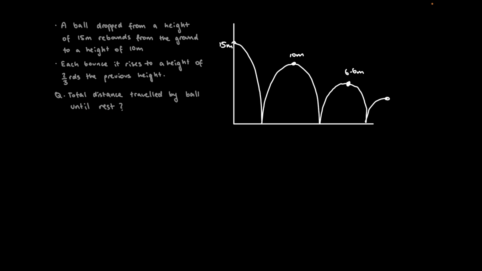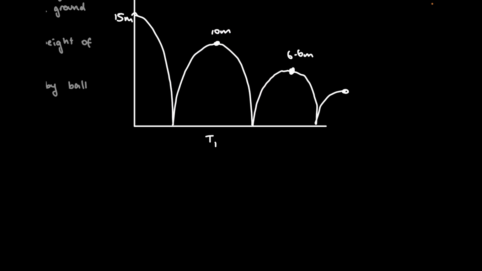And the way I'm going to do this is going to be very unorthodox. I'm going to imagine that this is our starting point. So we can consider both arches for 10 meters. So we can say the height that the ball reaches on T1, so the first bounce, is 10 meters. Then the second bounce is going to be 6.6 meters.